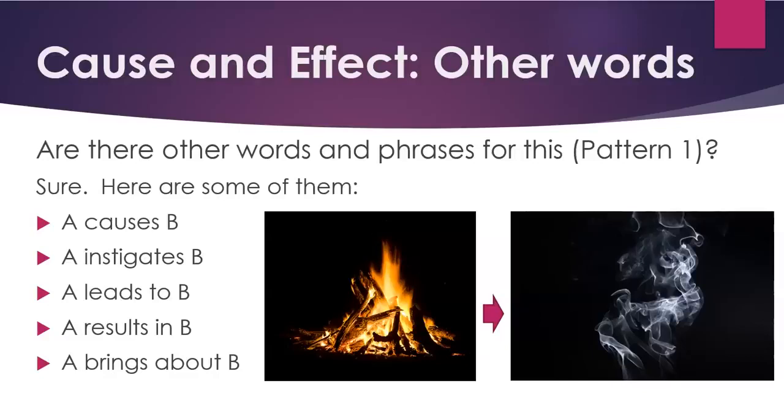Are there other words and phrases for this? Pattern 1? Sure. Here are some of them. A causes B. A instigates B. A leads to B. A results in B. A brings about B.